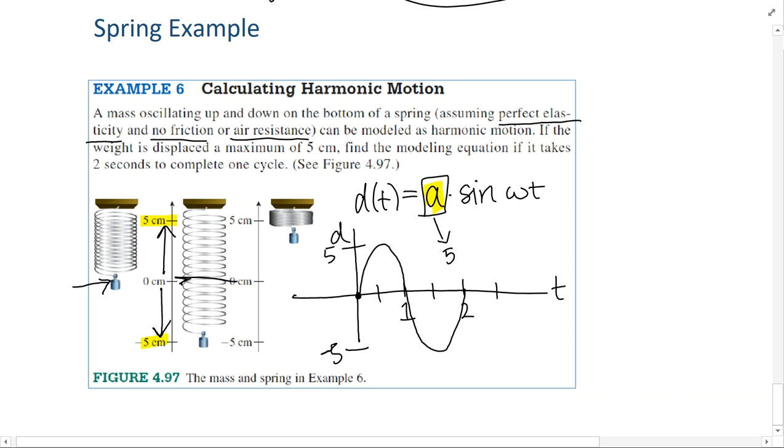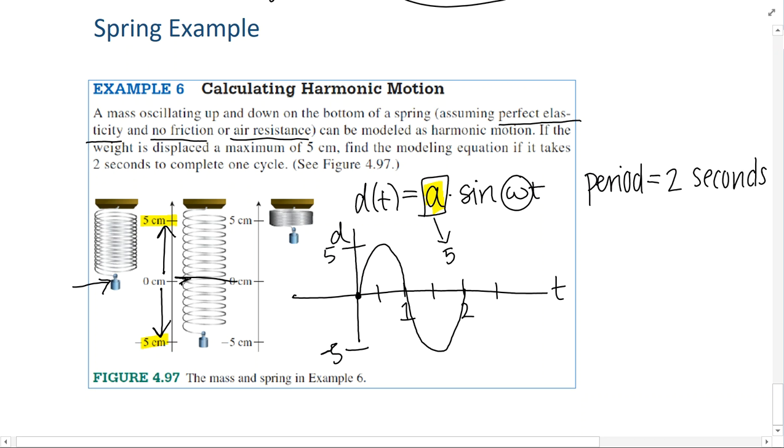We need to figure out what omega is. It's going to be in the period that they tell us. They tell us it takes 2 seconds to complete one cycle. So that tells us the period is 2 seconds.